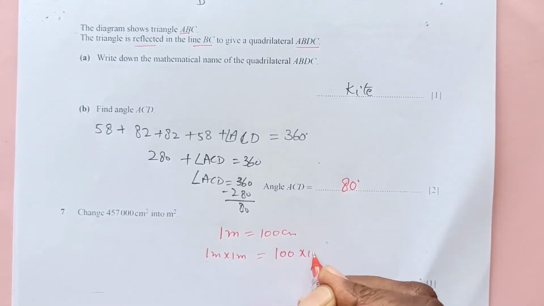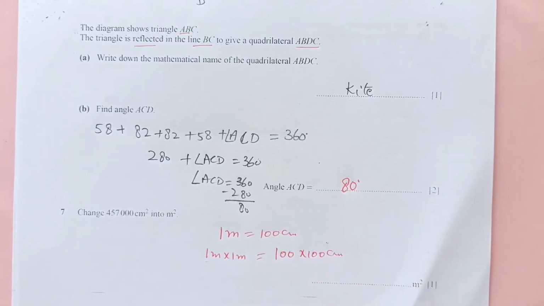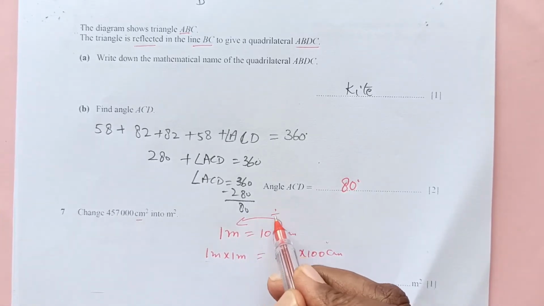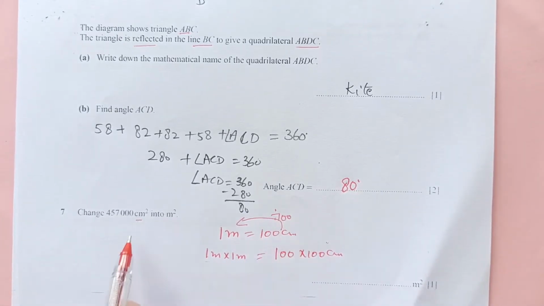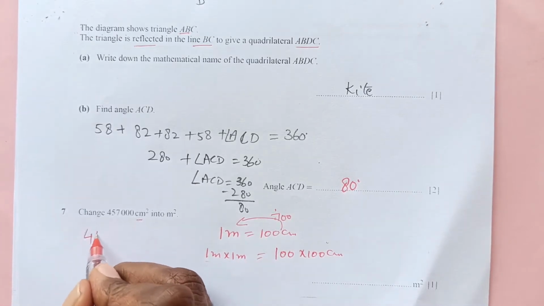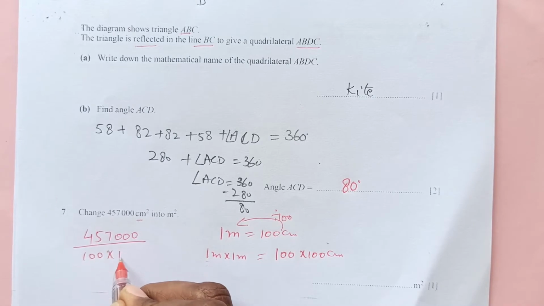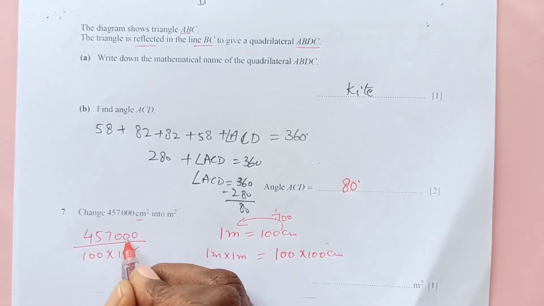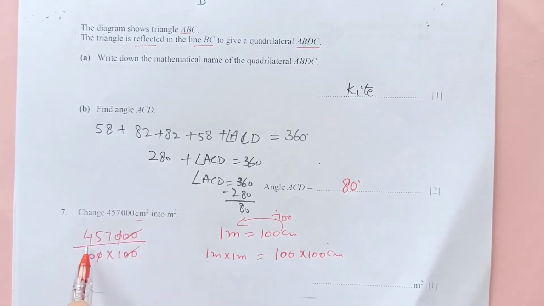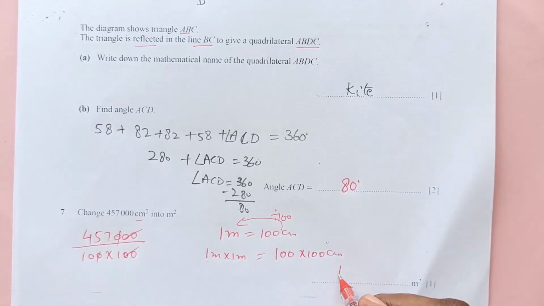So similar here, 100 times 100. So centimeter to meter we are going to divide by 100, but for centimeter square, we are going to divide it by 100 times 100. That means 10,000. 2 zeros are gone. This 0 is gone. So we have 45.7 as final answer with us.